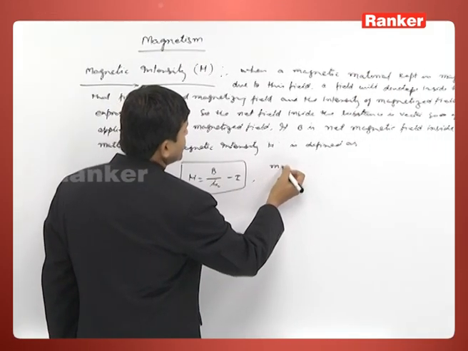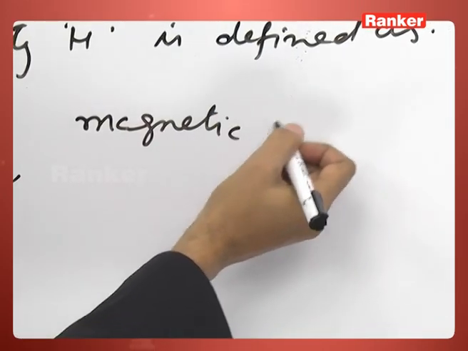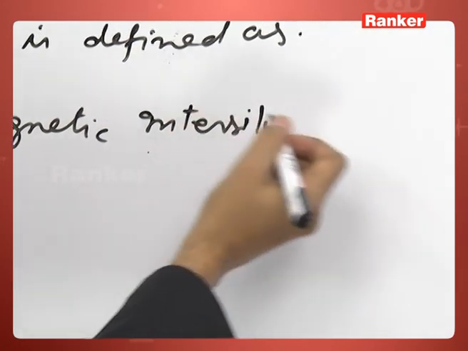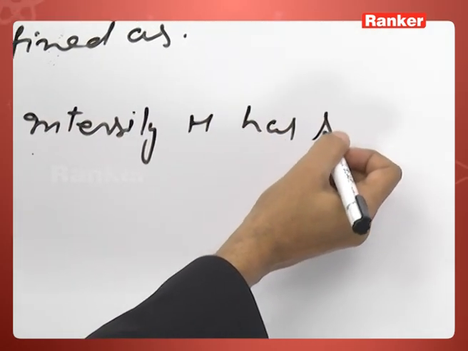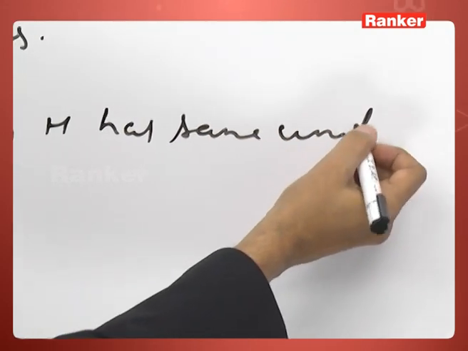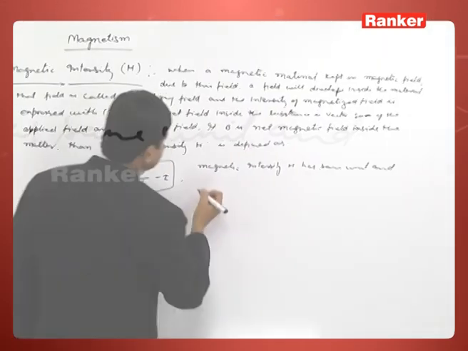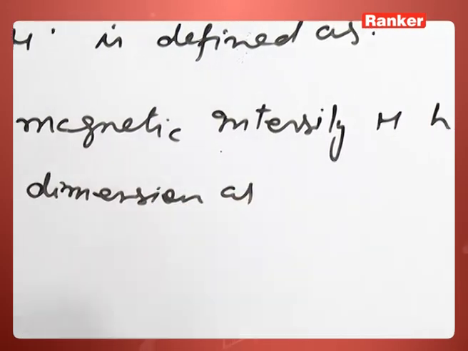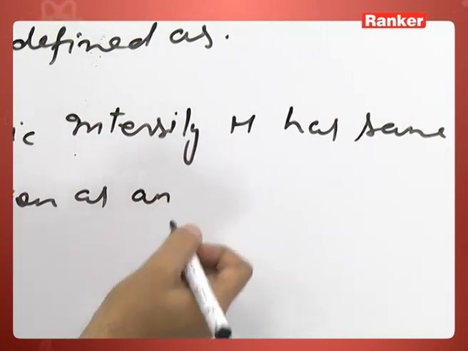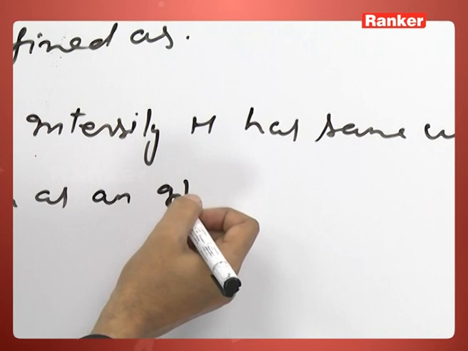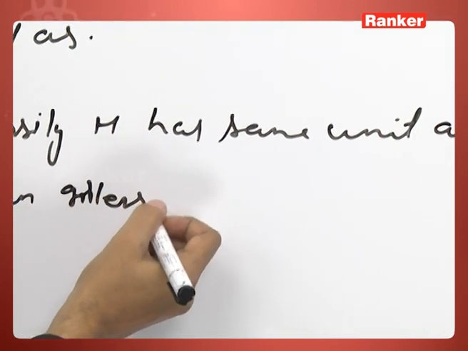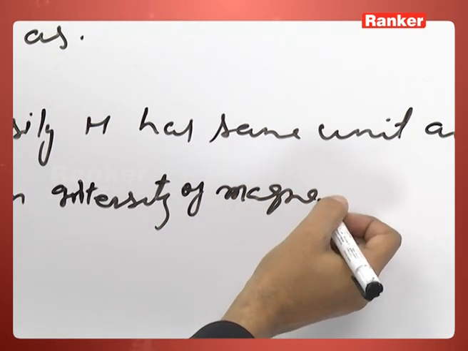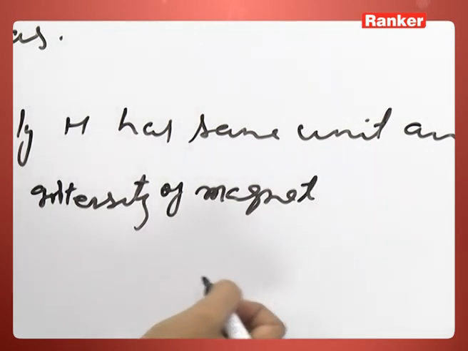So, magnetic intensity H has the same unit and dimension as the intensity of magnetization.